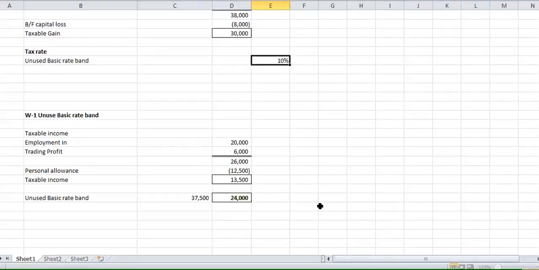We will apply 10% tax rate on unused basic rate band, and on remaining gains we will apply a tax rate of 20%.